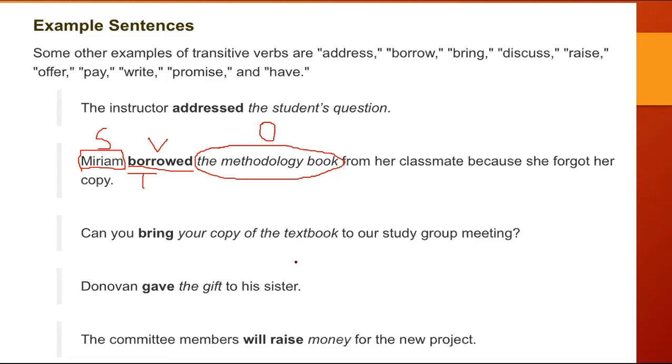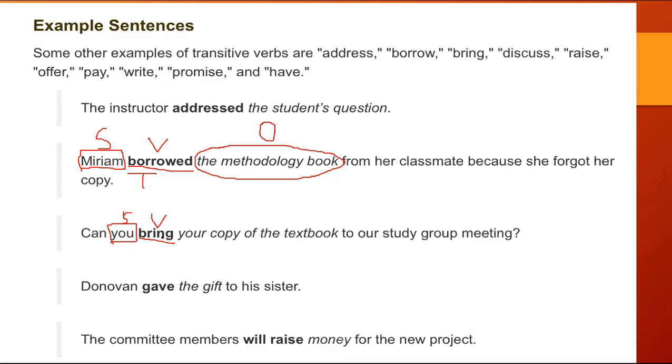To whom? The group meeting. No. Carefully. You, exactly. Can you, so this is the subject. Which is our predicate or our verb? Bring. This is our verb.